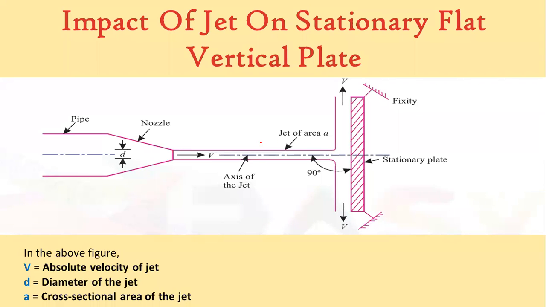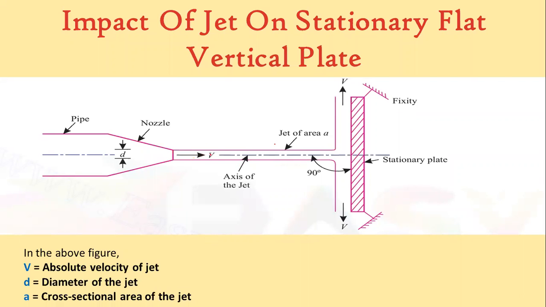You can see here the direction of the jet and the direction of the plate in which the plate is held. They are both normal to each other, or at 90 degrees to each other. As you can see, this vertical plate is stationary, that means it cannot move.